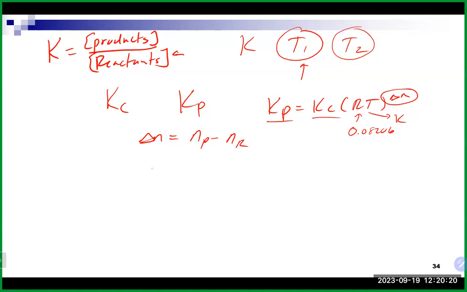Towards the end, we got into talking about ways that we can manipulate equations and the effect that it has on the equilibrium constant.